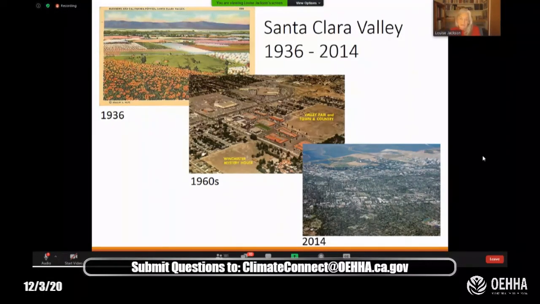And actually, to be honest, as a personal note, one of the reasons why I've in the past gotten so involved with farmland conservation was just watching how fast that transitioned in this really unusually beautiful agricultural valley.